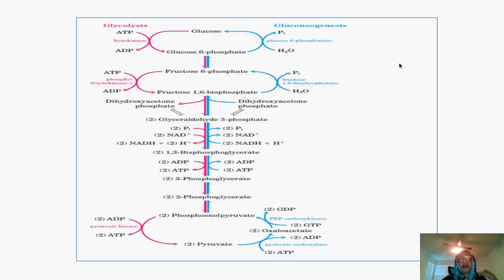Let's talk about a comparison between brain and liver. For the liver to be able to do gluconeogenesis, the liver should have energy. But the brain over there does not have energy. So what does the brain need? The brain needs this glucose to do glycolysis and get some energy. So we have two conditions here. The liver has energy, the brain does not.